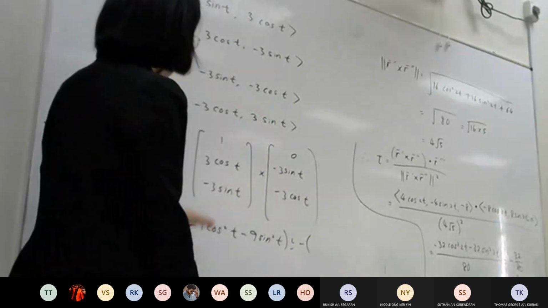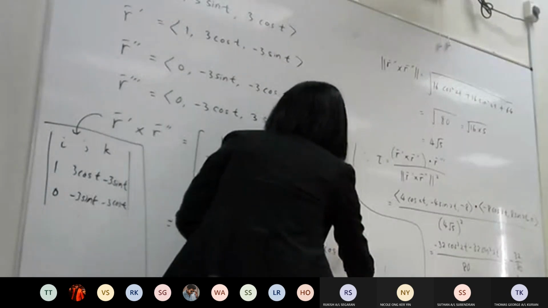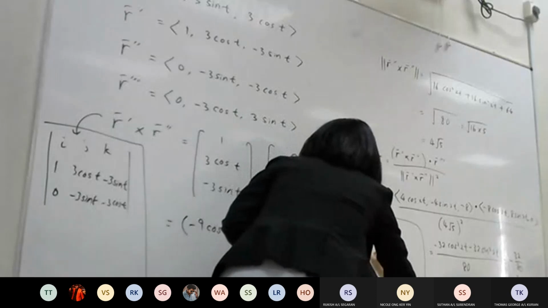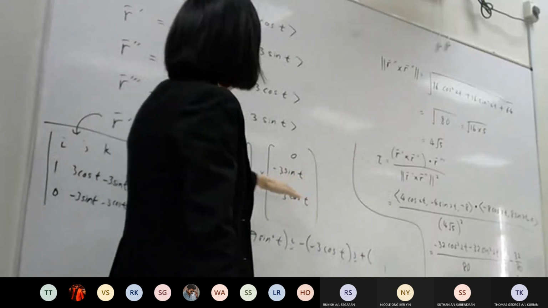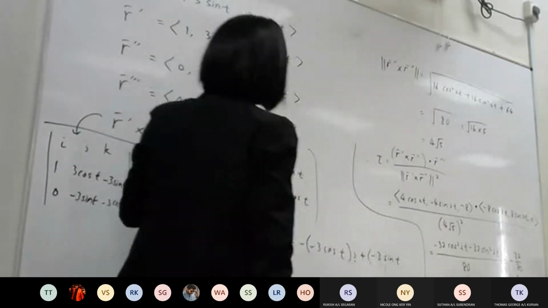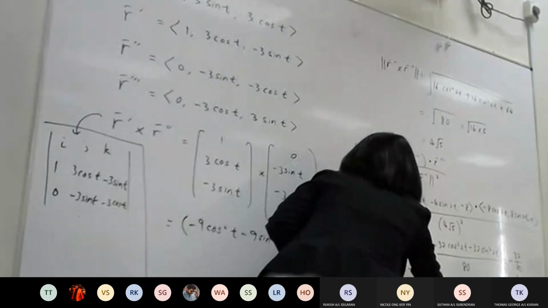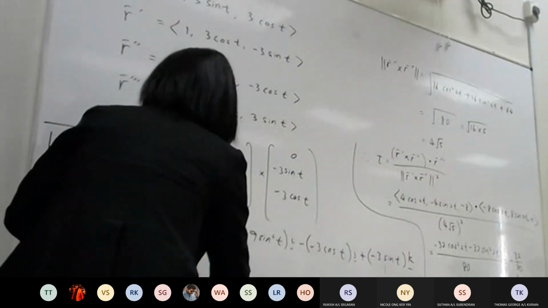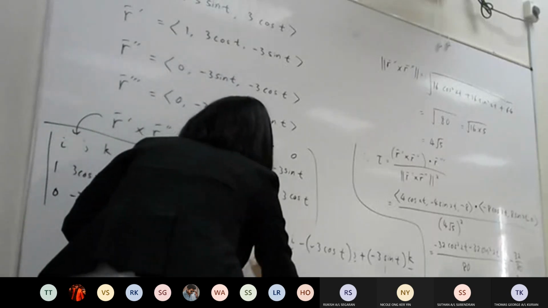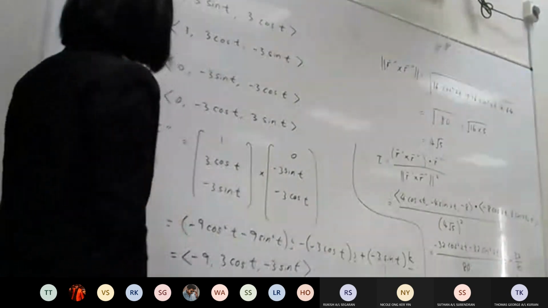For j, cover the second column, ad minus bc is 0. For k, cover the last column, ad minus bc is 0. So you have negative 9, 3 cos t, negative 3 sin t for the cross product.